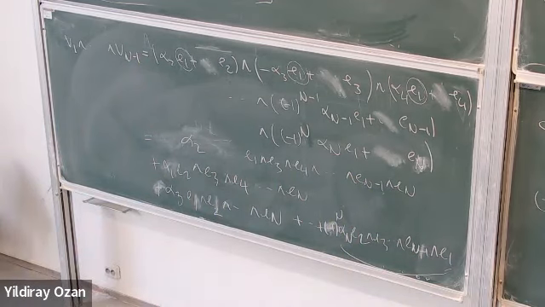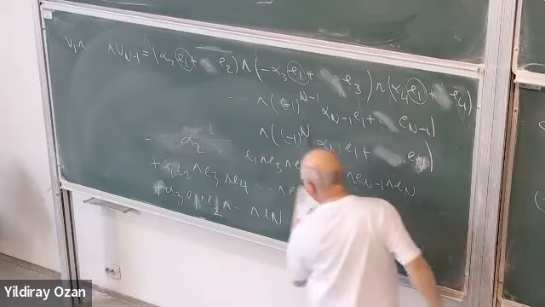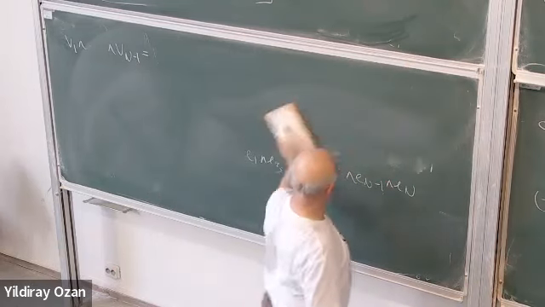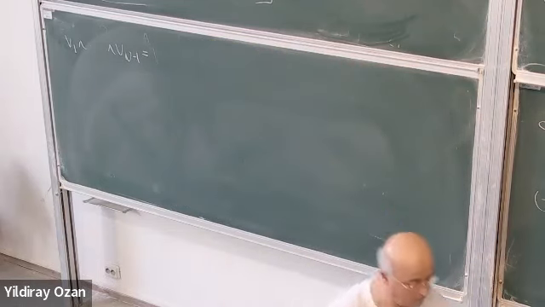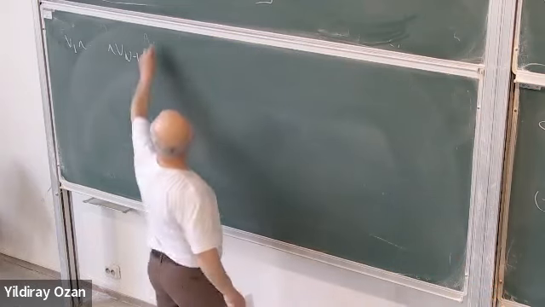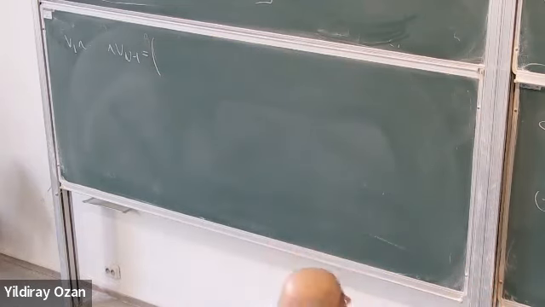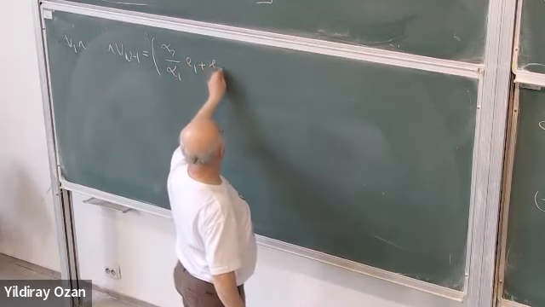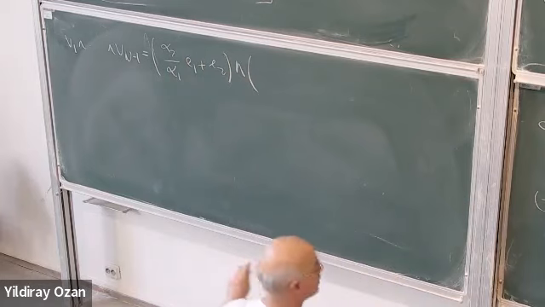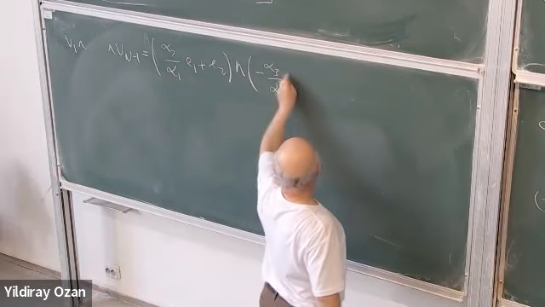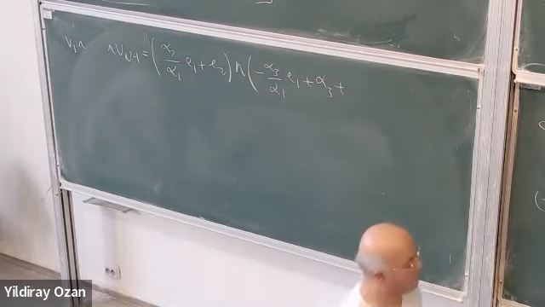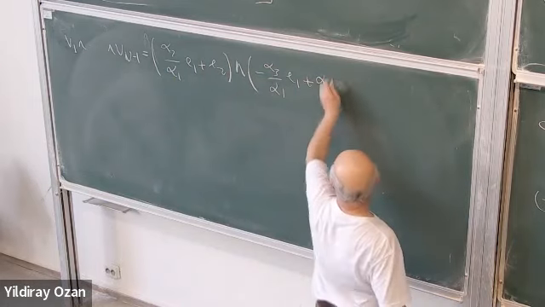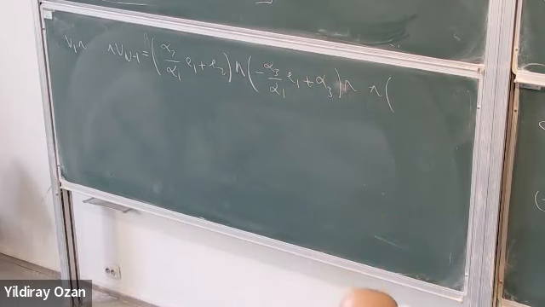Belki şöyle mi yapmak lazım? Peki. So this is just D1 is alpha 2 over alpha 1 E1 plus E2, which minus alpha 3 over alpha 1 E1 plus E3 is which en sonuncusu ne olacak?